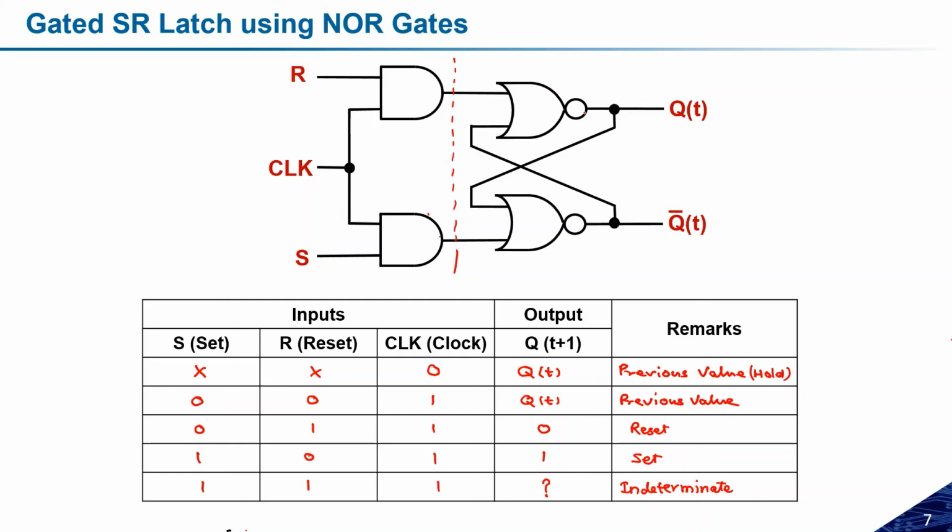Now let us further extend the analysis. So suppose I want to make this SR latch or SR flip-flop. One very important thing. The logic which we have designed over here, whatever we are discussing over here, all this logic we are calling the latch.